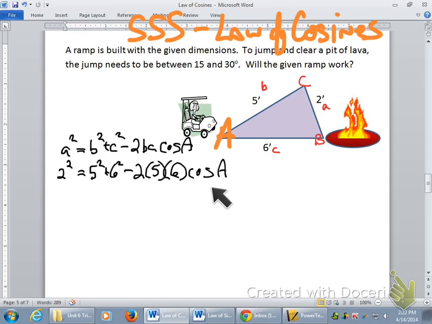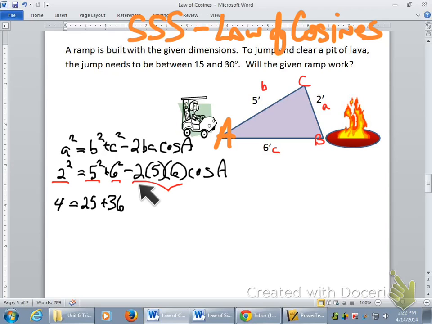A is what I don't know. Now, here's where your order of operations are very important. All right. You can take care of your squares first. And you can also take care of that multiplication. So let's take care of those small things first. 2 squared is 4. 5 squared is 25. 36.